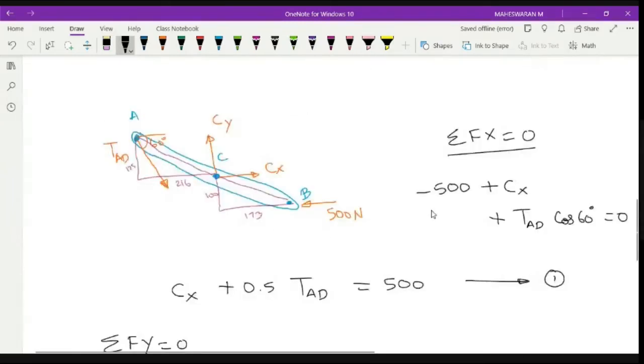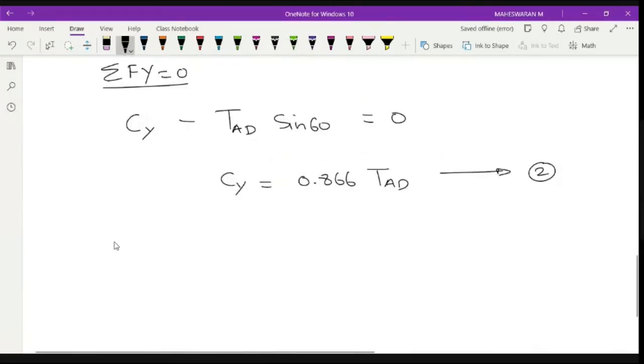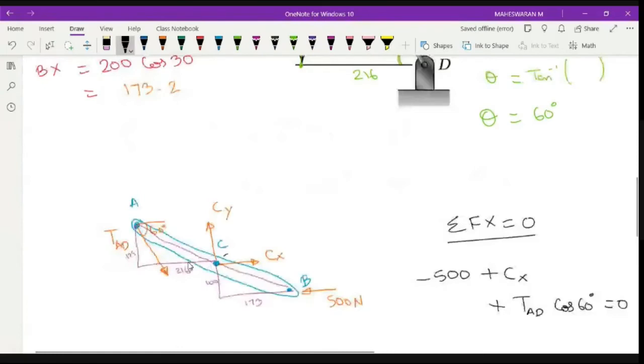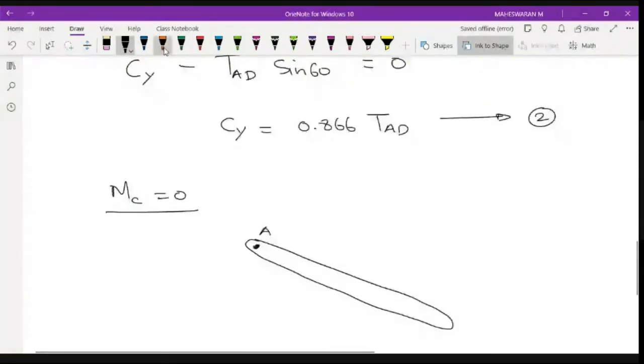Now I am going to take moment. Where do I have to take moment? Where you have the maximum unknown forces. My maximum unknown forces are at location C, so I am going to take moment at C and equate it to 0. At A, I resolve the two forces.